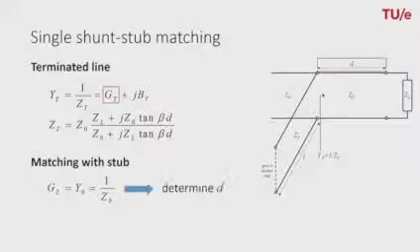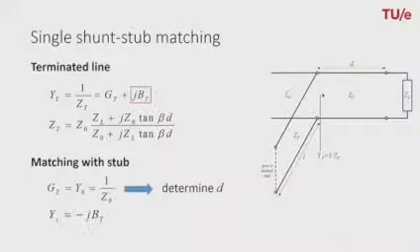And we can fulfill this requirement by selecting the right length D. So that's the first step. Now, the second step is to tune out the imaginary part, so BT. And we can do that by adding this shunt stub and making sure that it's exactly the opposite of the imaginary part of YT.